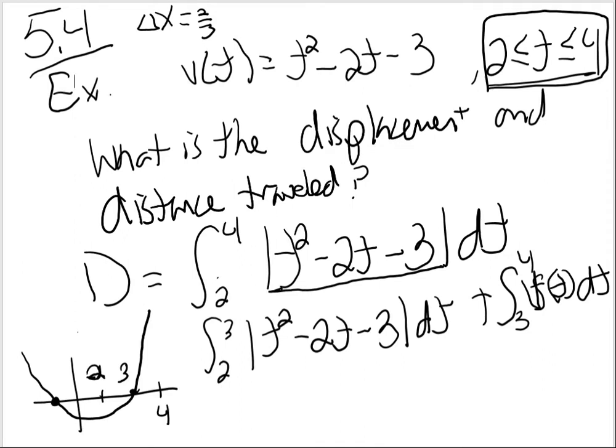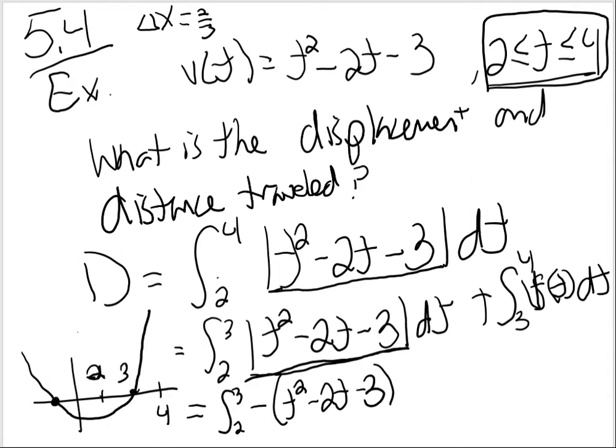And then on this interval, it's a negative number. So it's going to be 2 to 3 of negative t squared minus 2t minus 3 dt. Plus, on 3 to 4, it lies above, it's positive, so the absolute value drops out.